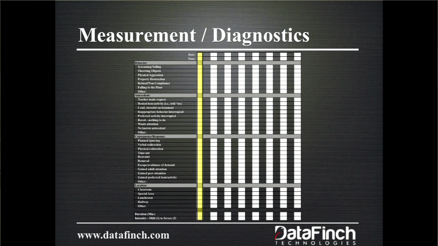How long did this behavior last? And then a subjective measure of intensity. Of course, if you have a scale of, say, 1 to 5, with 1 being fairly mild and 5 being severe, that will vary from one person to another, and even within the same person that can vary. If I've already had a hard day, I might score this higher than I would otherwise.